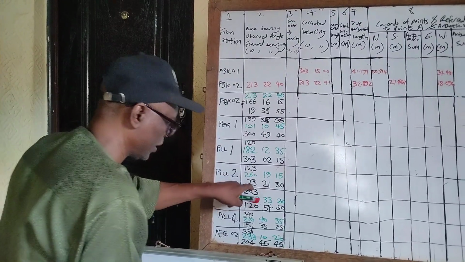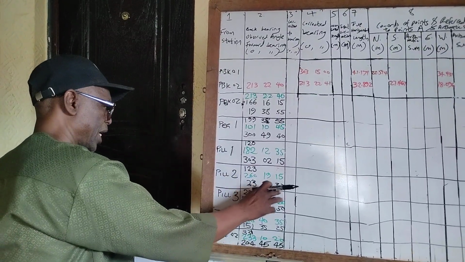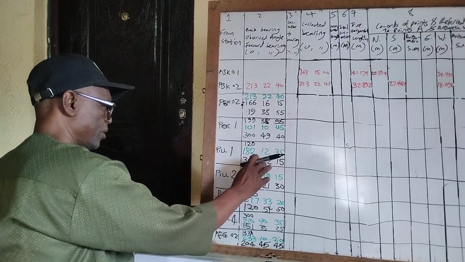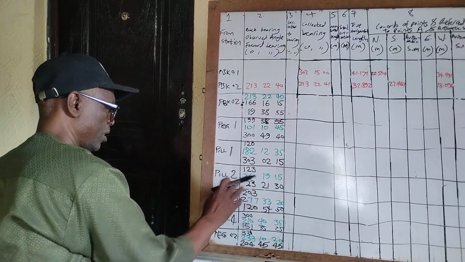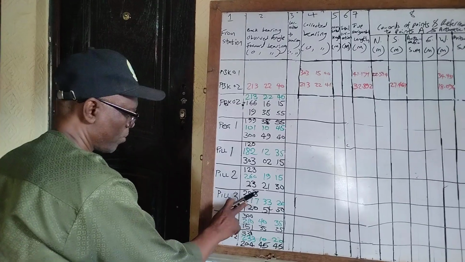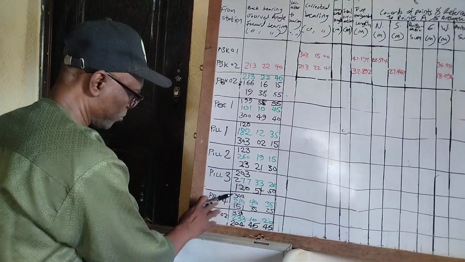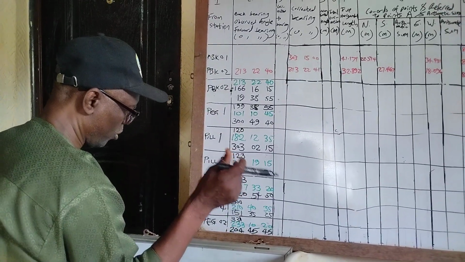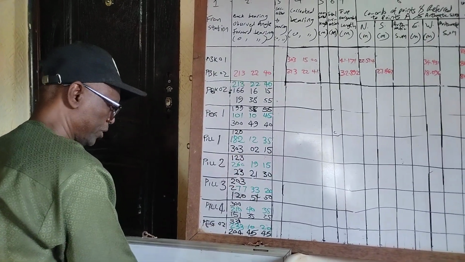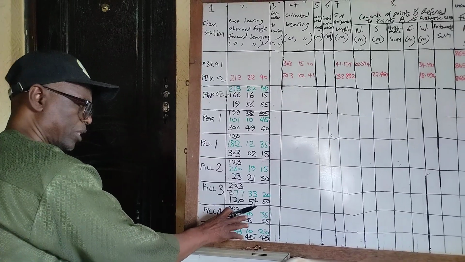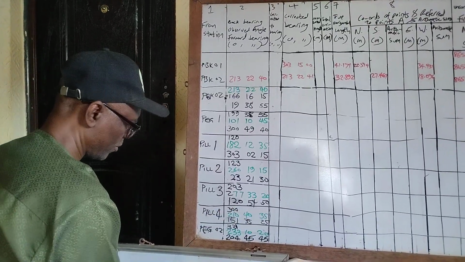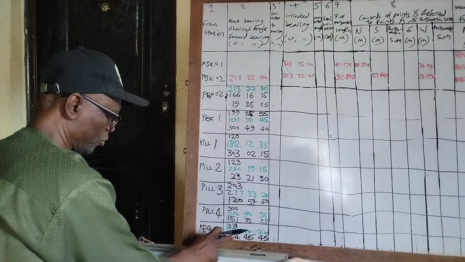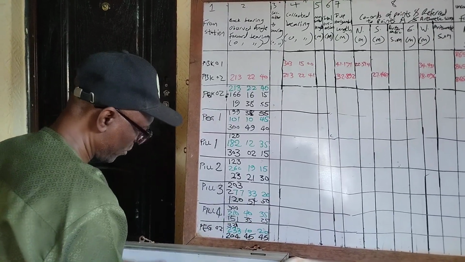That's why we are writing 23 here. 2130, 15 plus 15, 02 plus 19, etc. Pillar 3, you repeat the same thing here. Pillar 4, you repeat the same thing there. Just check through your field record sheet. That's why you have the 210 40 35. Your field record sheet on page 2, you have 233 10 20.